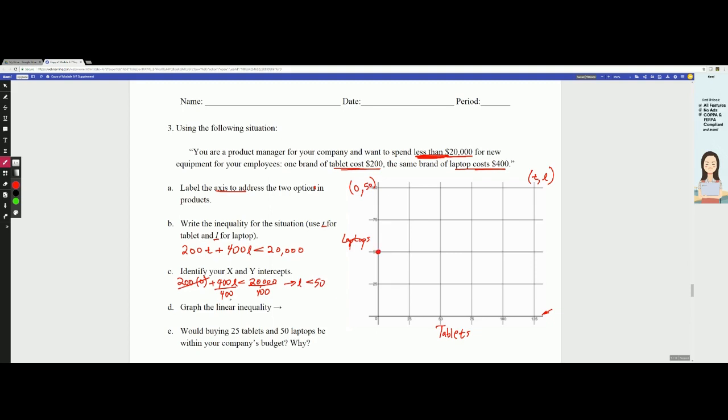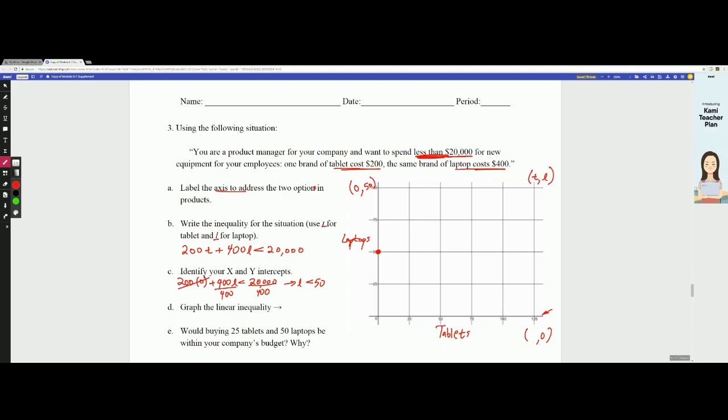Now let's solve for our tablets. Let's say we don't want any laptops. We got some people who like to walk around, and they just want to have tablets for work. So let's try that out. Again, if we do that, laptops is going to be 0.